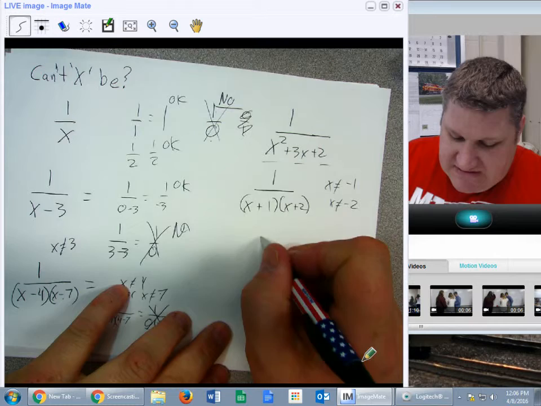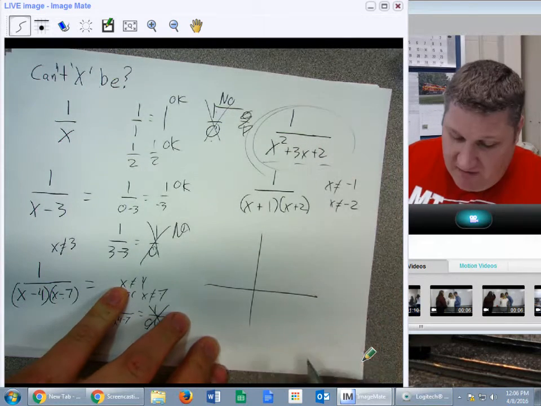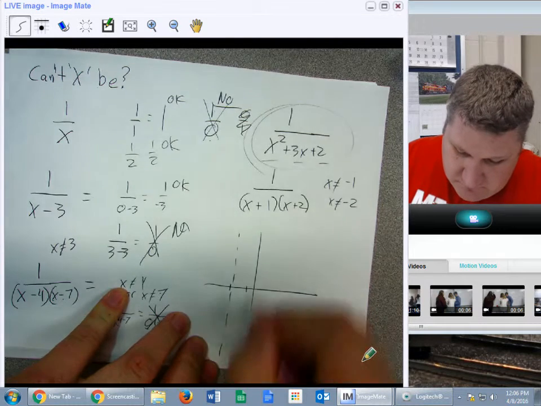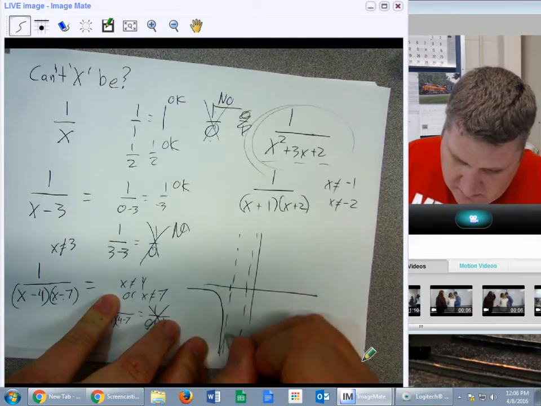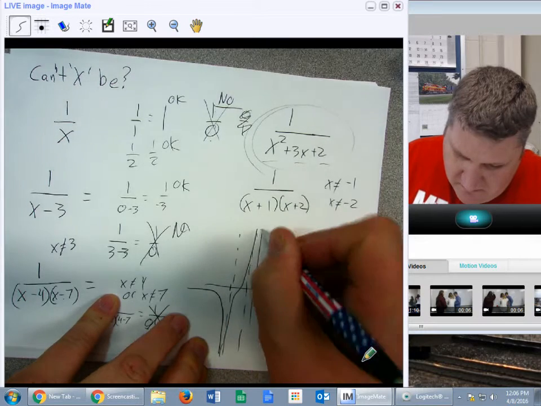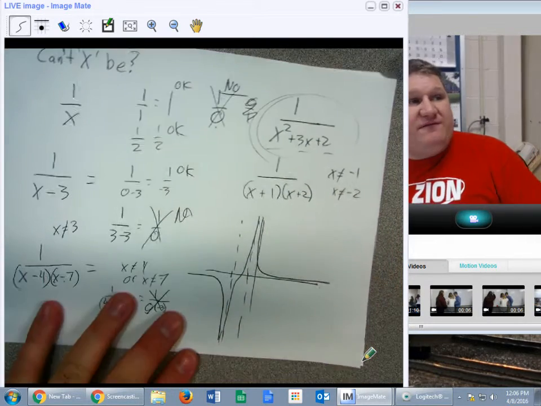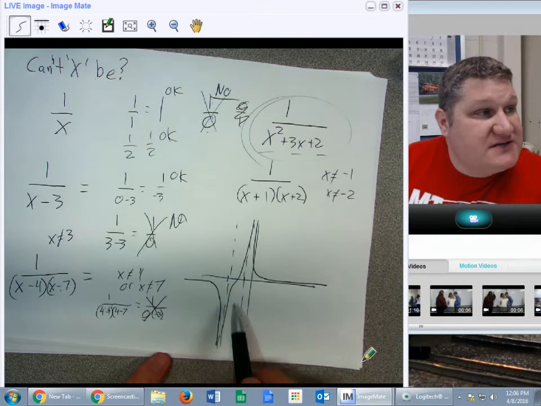Let me show you the reason why it can't be that. If I were to take this and graph it, the graph looks like this. That's what the graph of this equation looks like. You'll notice I have these dotted lines here.